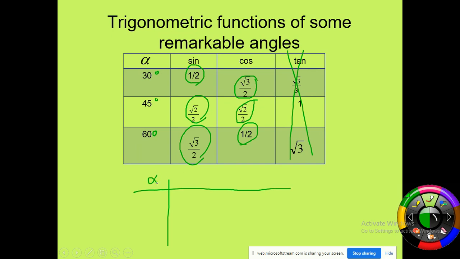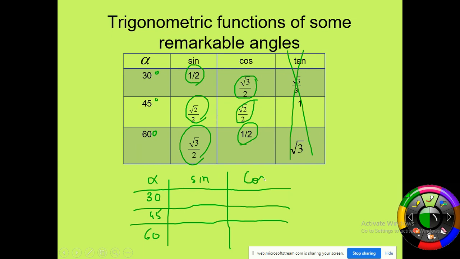So I write the angles I'm working with: 30, 45, and 60. I need to memorize what is sine and cosine of those angles. Look at the trick. It's very easy. You write 1, 2, 3.